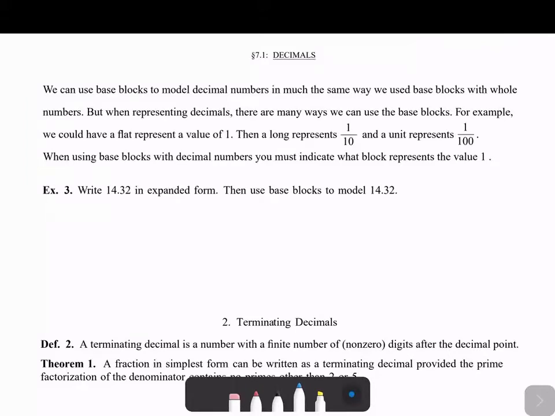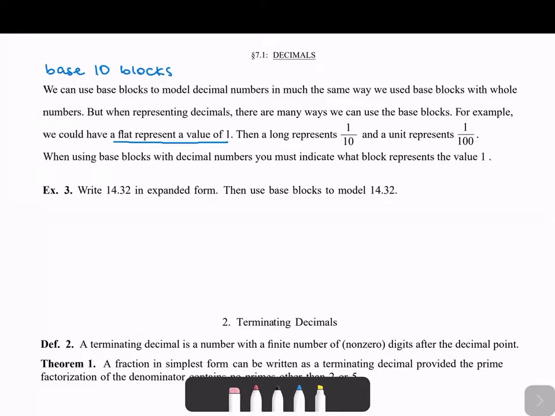For a basic example, we can have a flat represent a value of 1. One thing to note here is that all of these representations of decimals using base blocks will be using base 10 blocks. That's because, as we talked about in the last video, all of our decimals are going to have denominators that are powers of 10.